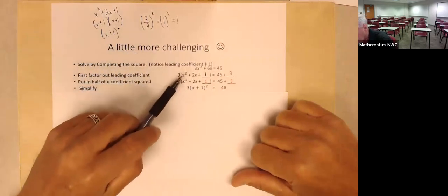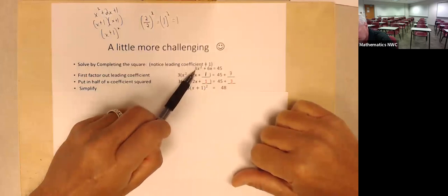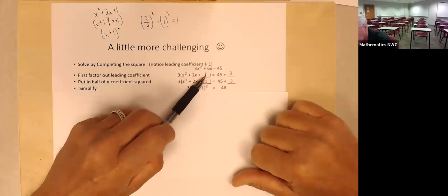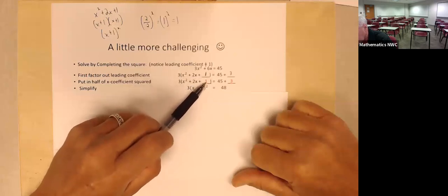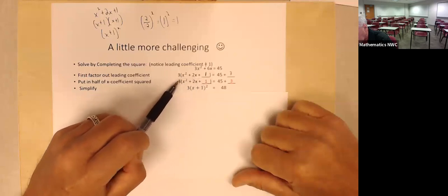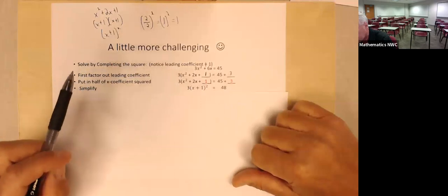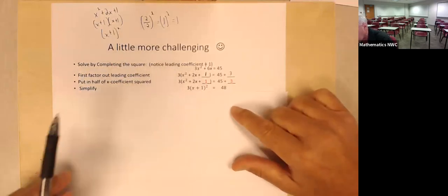Notice the challenge that we had here. The leading coefficient was not 1. We factored it out. We completed the square in the parentheses, recognizing that whatever number I added, I had to take it times 3 to make it equivalent on the other side. Now I'm going to try and isolate the quantity squared.